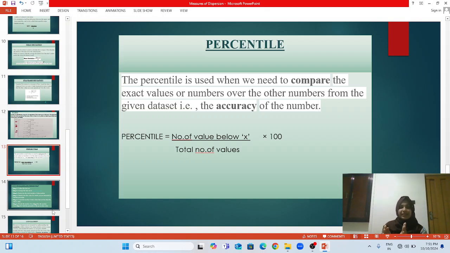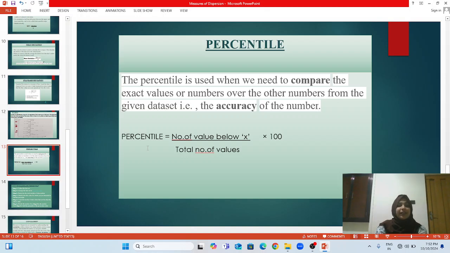Percentage is always related to the whole 100, and here in percentile we are dividing the entire data set into 100 to ensure the accuracy of the number. The main importance of the percentile value is that the number is unique.